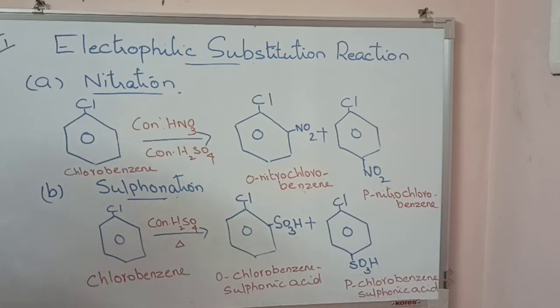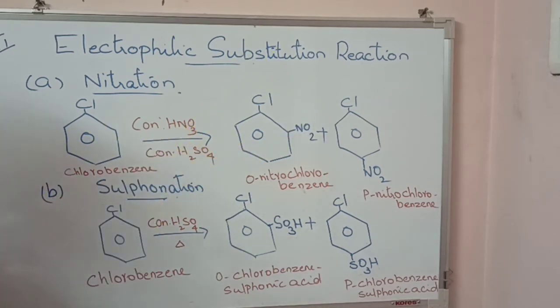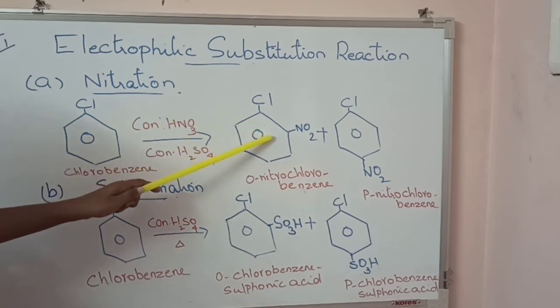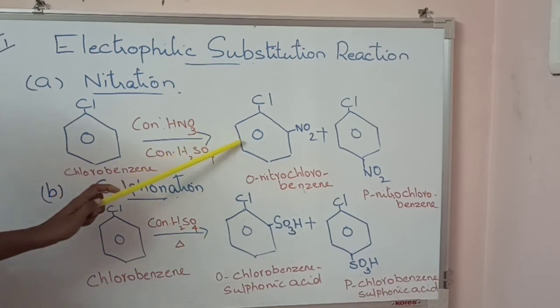So on treating this chlorobenzene with concentrated nitric acid and concentrated sulfuric acid, then the incoming electrophile, here the electrophile is this NO2 group, they will attach at ortho and para position. That means you will get the mixture of ortho product and para product.